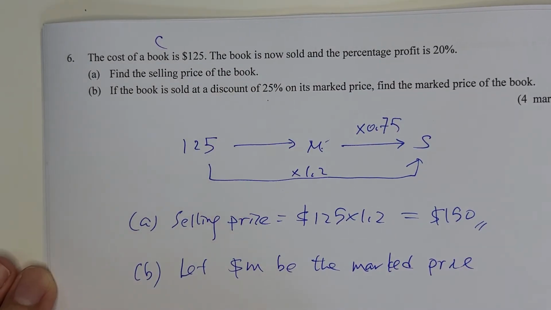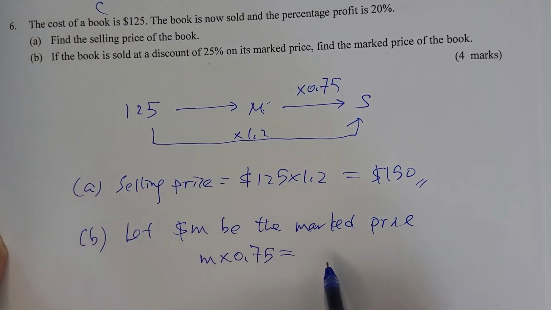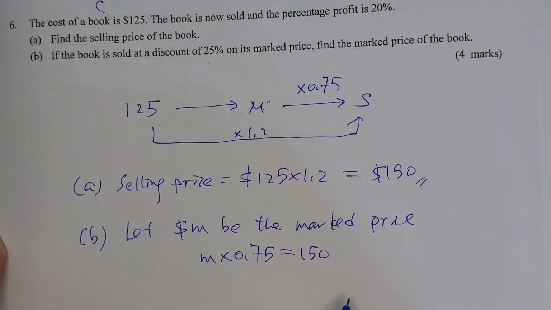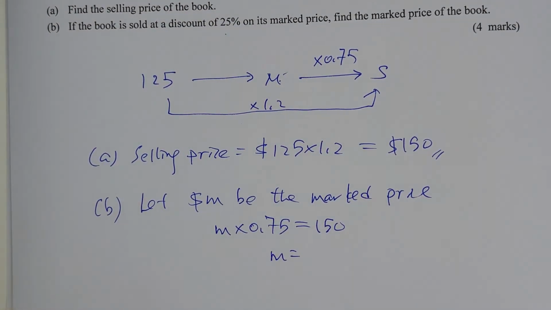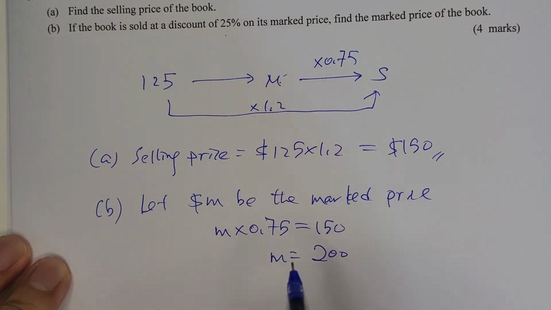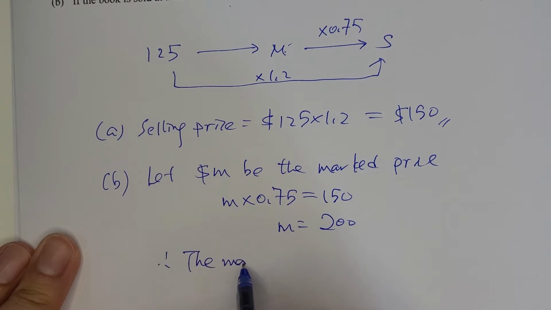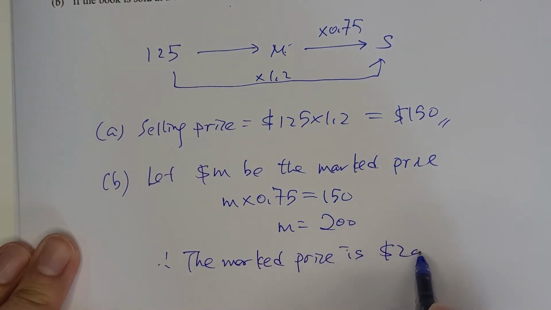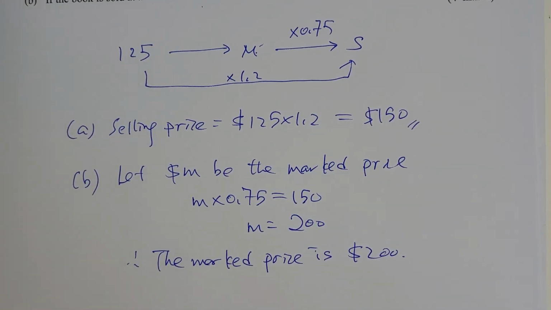And then M times 0.75 equals 150 as you calculated before. So you can get M. 150 divided by 0.75, 200. Okay, therefore, write down the final statement. The mark price is 200. Okay, so that's the end of question number 6.